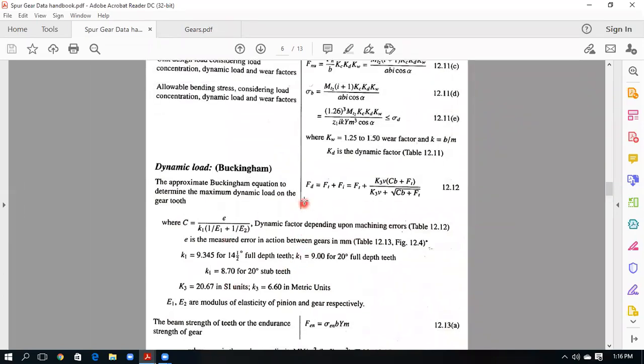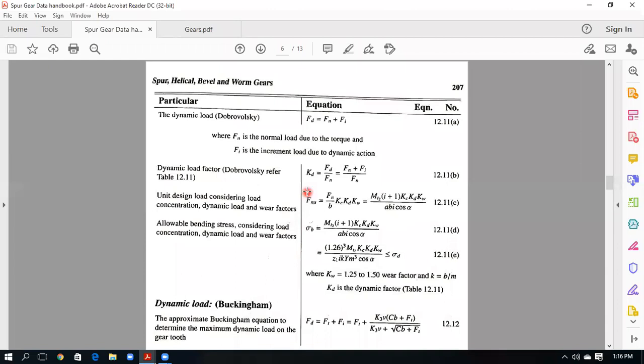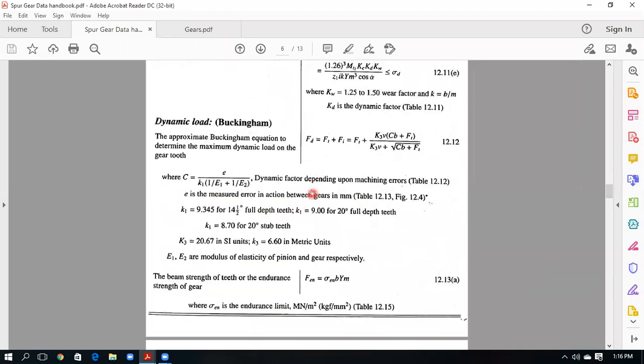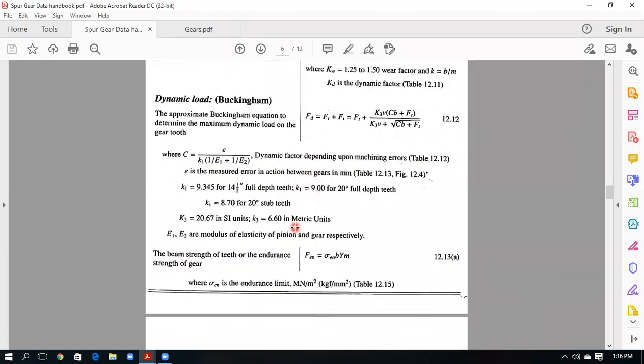I think it is there in the previous equation. K is equal to face width divided by m. It will be 12.5 only. If they give any value, you have to take that, otherwise you have to take it as 12.5.